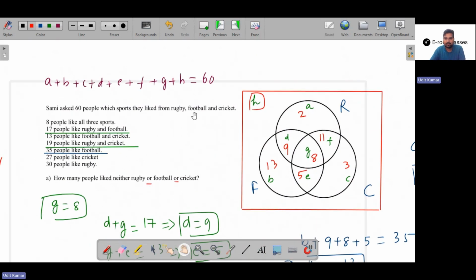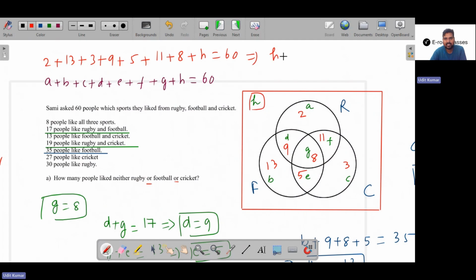You know all the values, right? So what is A? 2 plus 13 plus 3 plus 9 plus 5 plus 11 plus 8 plus H equals 60.